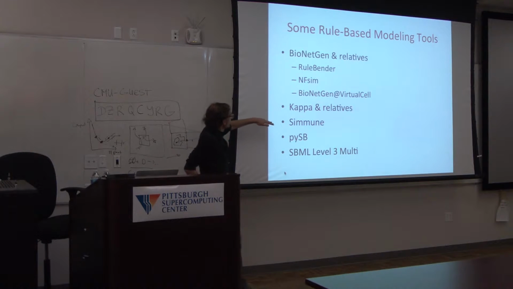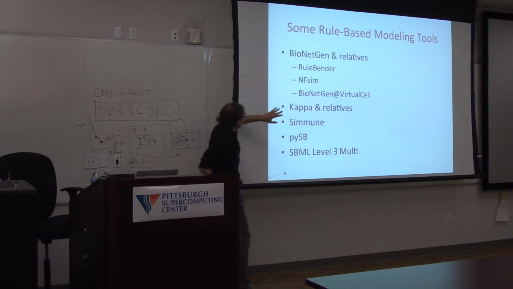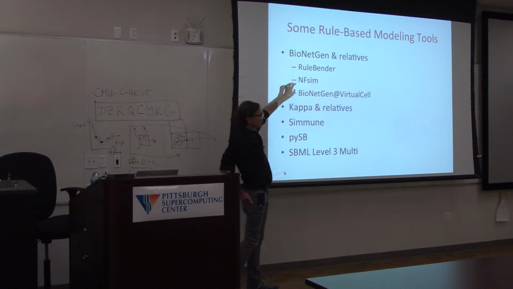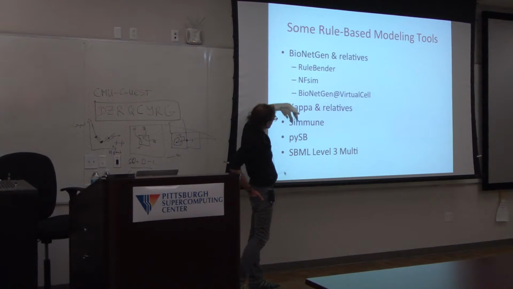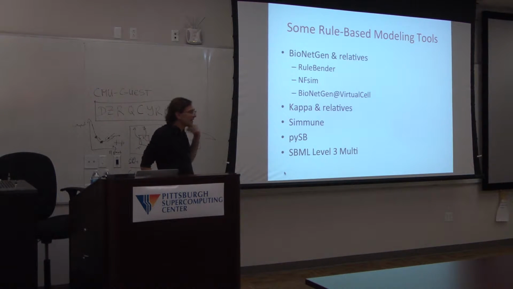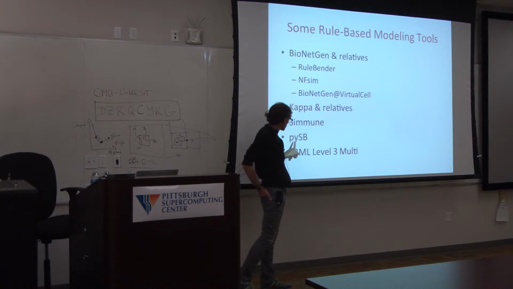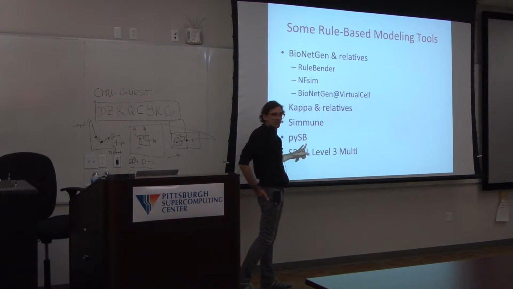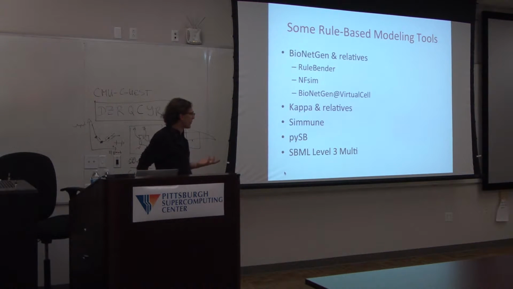Whereas in BioNetGen and RuleBender, we're going to have to write code. I'm going to give you lots of code examples and hopefully simplify that process. So we really have two different approaches at this point to how models are specified. Yet another way of approaching the problem is encapsulated in this PySB framework, which is a Python framework for building essentially rule-based models.